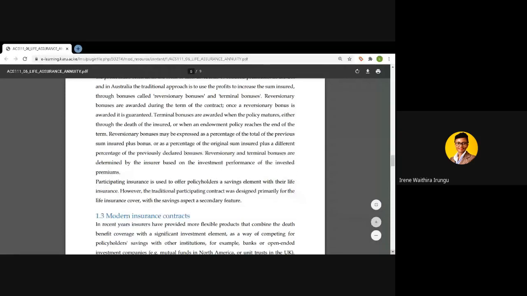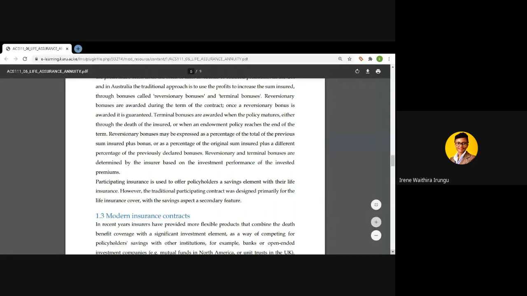The rate at which these bonuses are payable, both the reversionary and the terminal bonuses, cannot be fixed at the very onset, but rather depends on the investment performance that the insurance company will be able to achieve with the invested premiums.